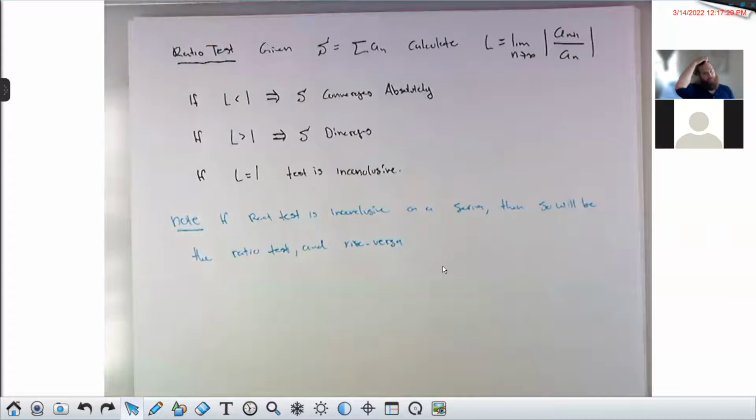So if you get the inconclusive result, if L comes out to 1 for you using one of these tests, don't try the other. In fact, L should come out the same for pretty much all series, whether you're using the ratio test or the root test. It's just that sometimes the algebra is easier with one than with the other.